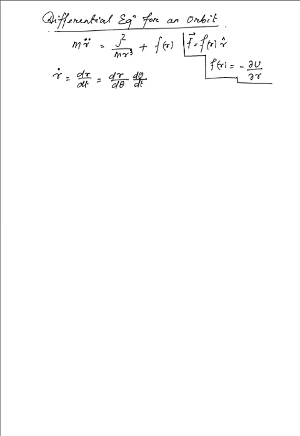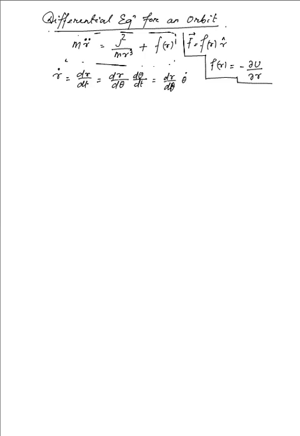This was the equation. Now we'll be discussing the differential form of it, and this is dr. Now d theta by dt, as you know, will end up as theta dot. That was the shorthand notation that we had been using. And this is dr by d theta, of course.